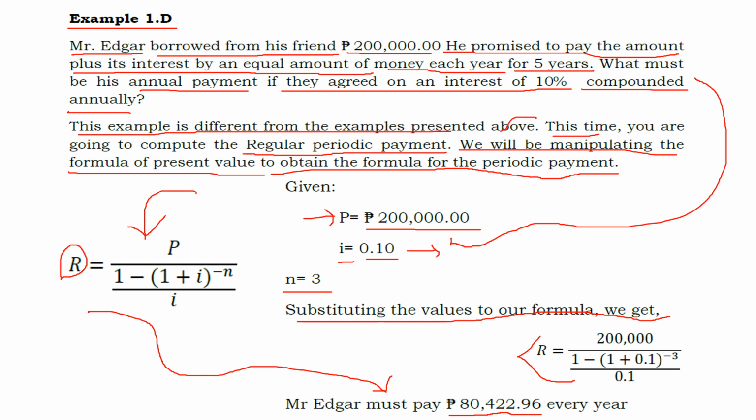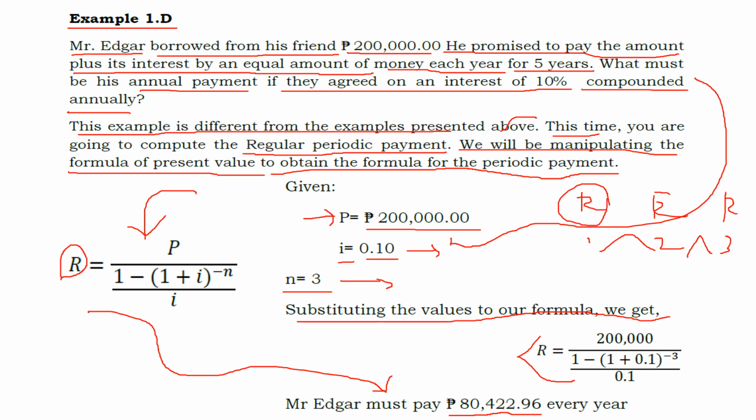So why is it 3 and not 5? If you use your time diagram, we're after the regular payment. If we put 1, 2, 3, that will be mapped to your R. Whatever the time interval here and the time interval from 2 to 3, it's the same.